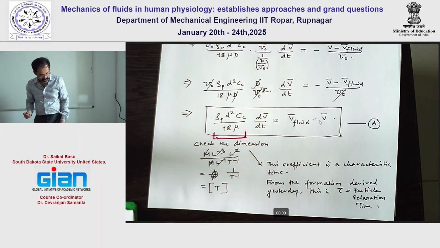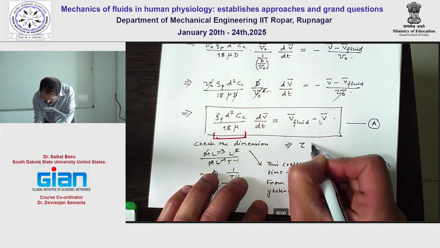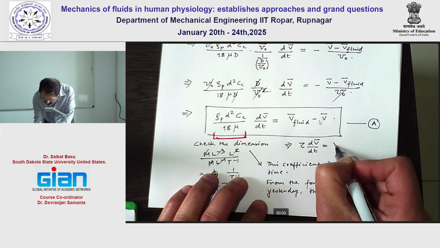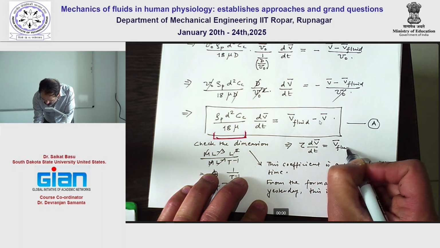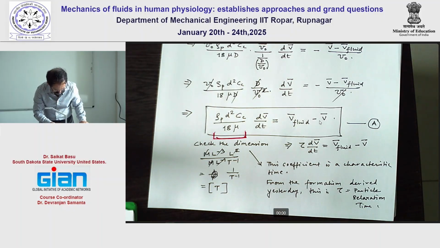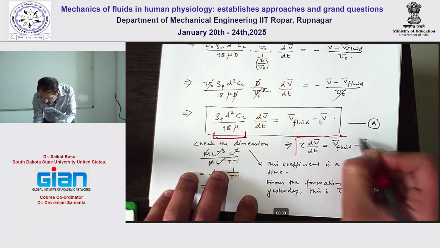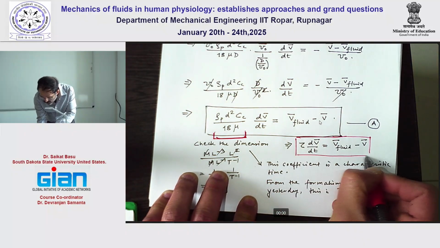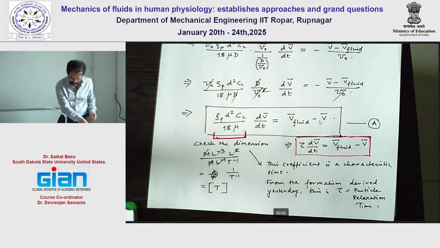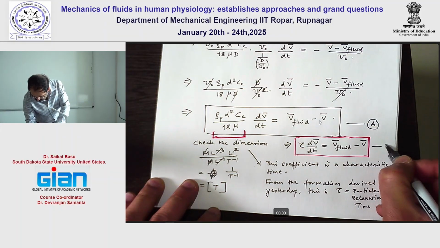Okay, so let's now write this formula hence as tau dv bar dt is equal to v fluid minus v bar. Let's call this equation B.